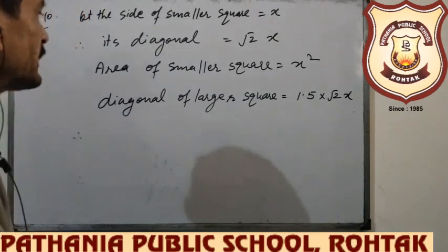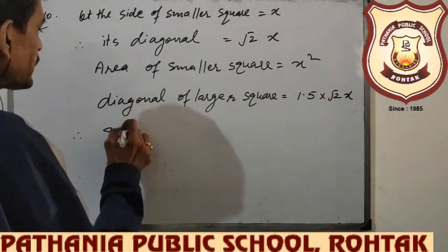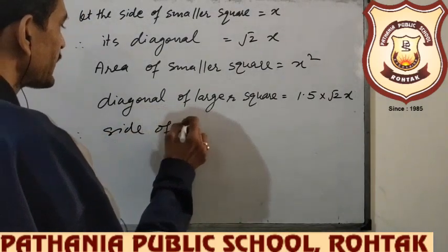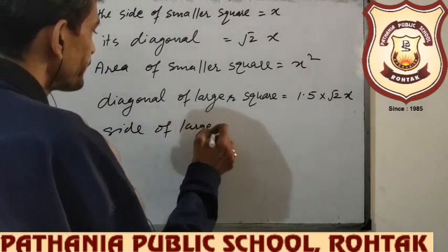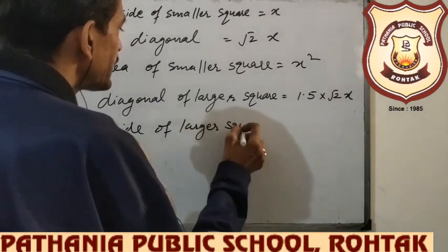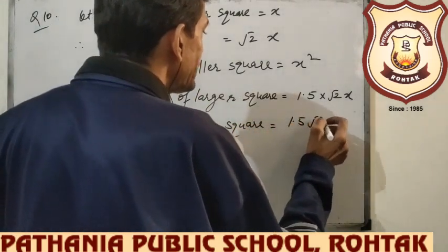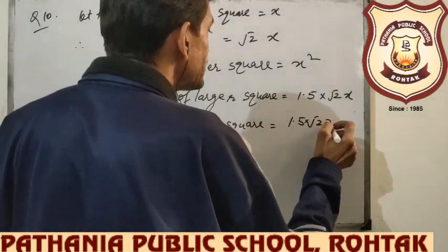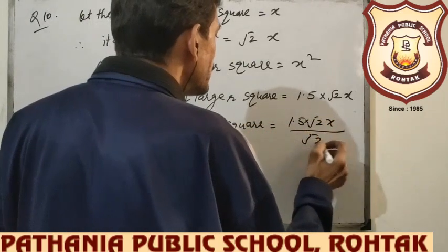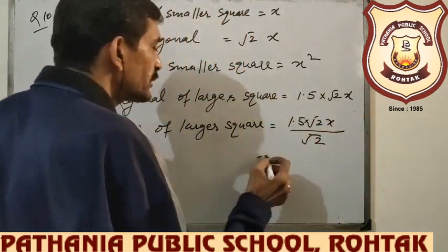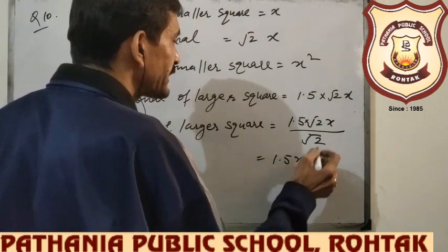Then it is given that the diagonal of the larger square is 1.5 times the diagonal of the smaller square. ठीक है, so therefore the side of the larger square, what is it? If we have the diagonal of any square, then how can we find the side? Side of that square is the diagonal divided by root 2, so it is 1.5x.